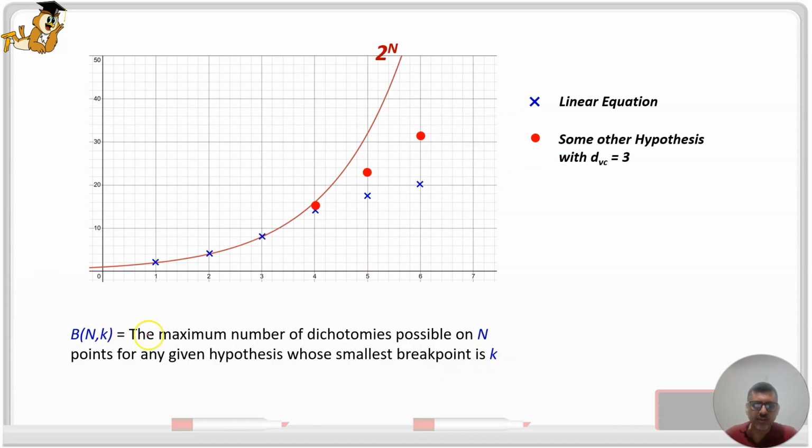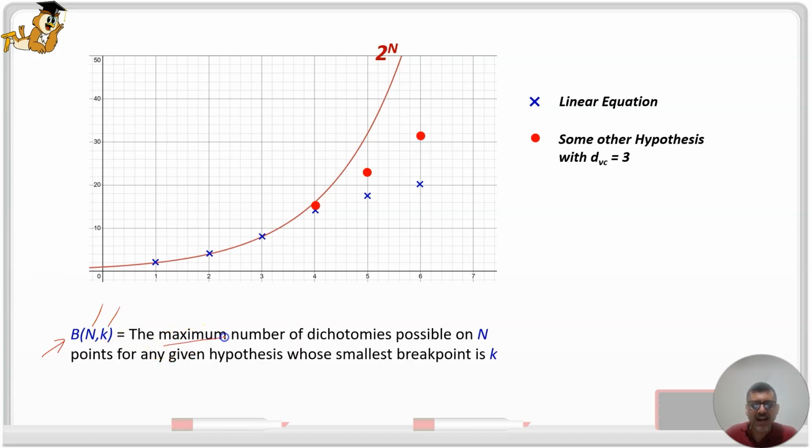It's an important notation, so I will repeat it. B of n comma k simply refers to the maximum number of dichotomies possible on n points for a hypothesis set whose smallest breakpoint is k.